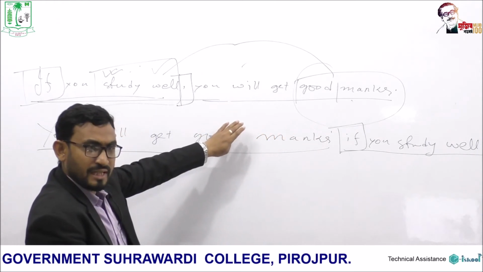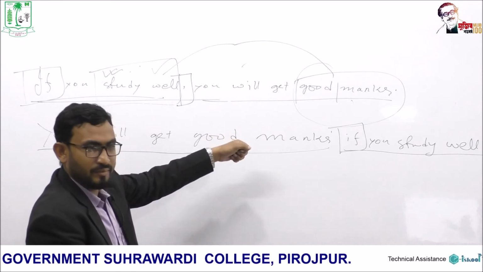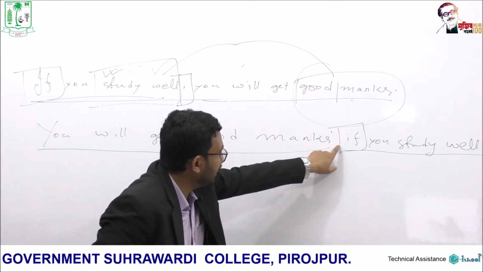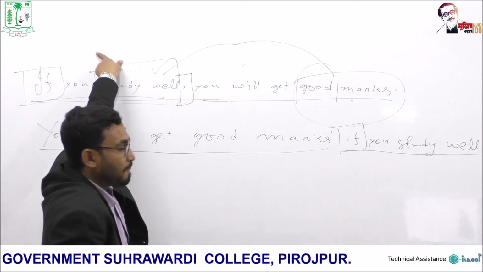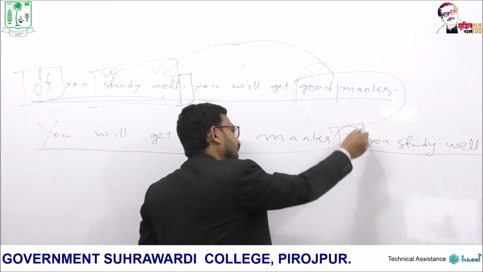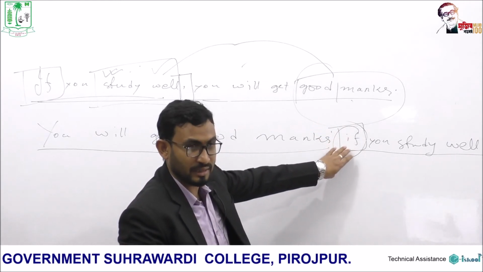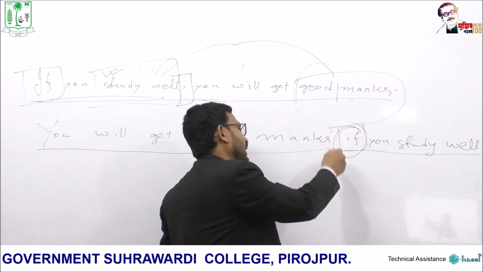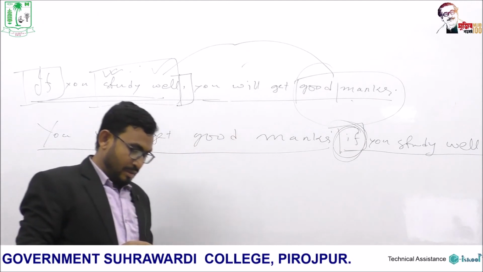There is no lexical difference in meaning, but structurally, in punctuation, we put a comma only when we write the subordinate clause at the beginning. Since if functions as a subordinating conjunction, you should not give a comma here. The if is enough.